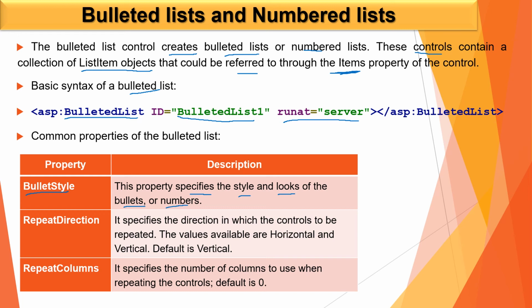The repeat direction specifies the direction in which the controls are repeated, and the available values are horizontal as well as vertical. Mostly the vertical value will be used. The repeat columns property specifies the number of columns used when repeating the controls, and the default value is always 0.